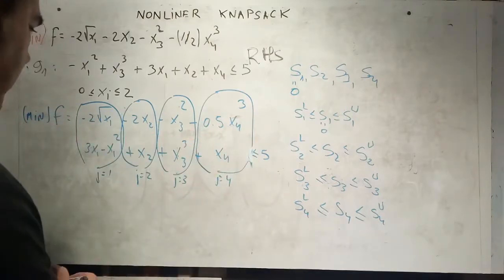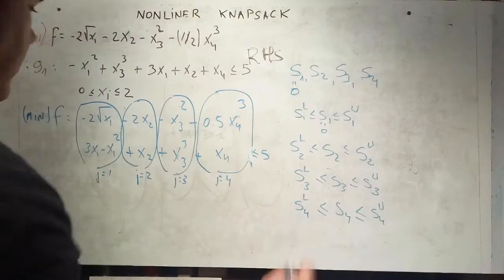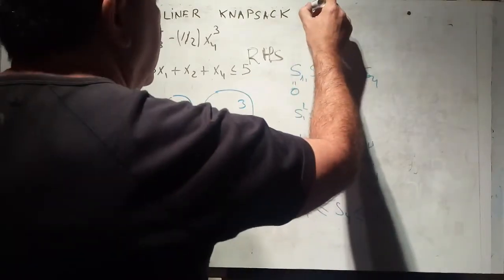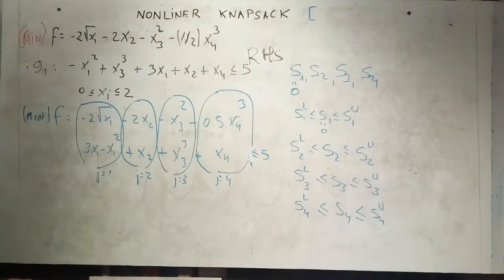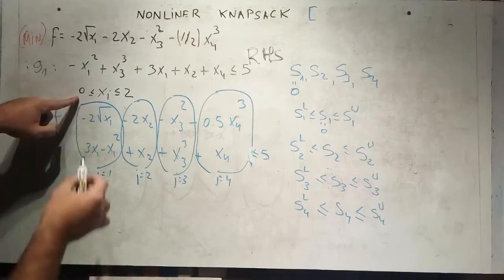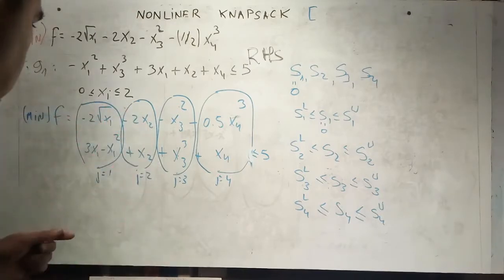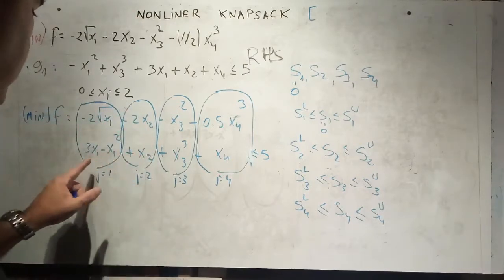So let me put the constraint over here in a vector way, and as all of the variables are moving between 0 and 2, for the moment I can forget about the subscript.